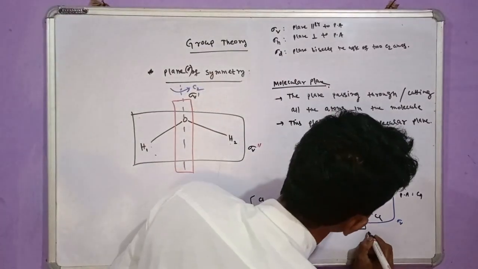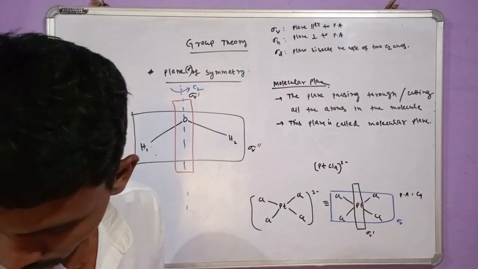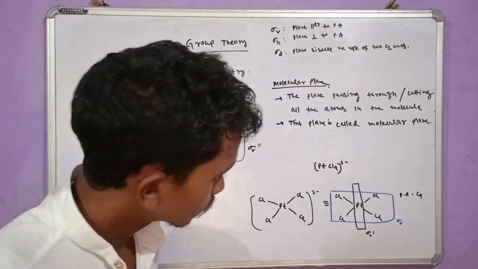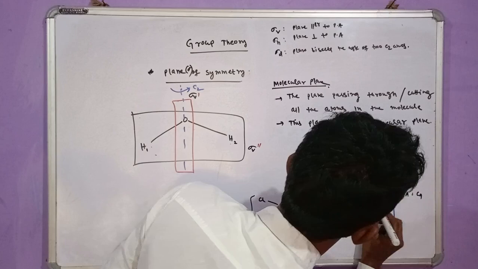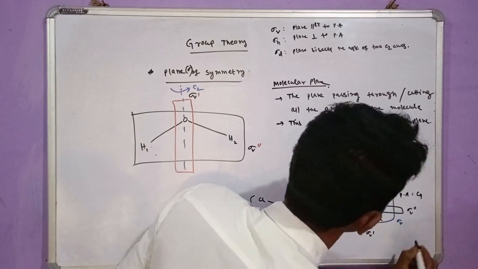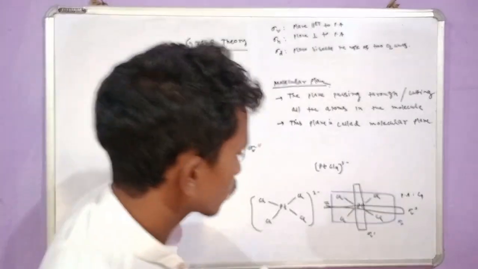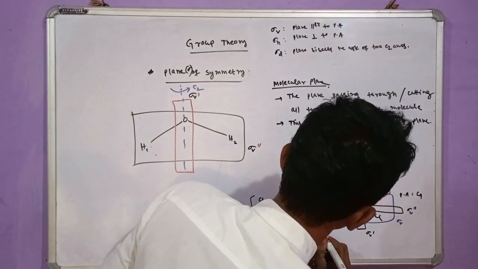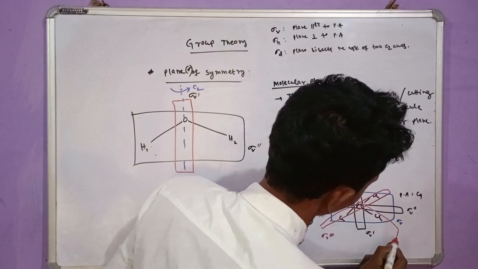This is also a plane, let's say sigma v dash. Another plane is present, sigma v double dash, and others are also there like this.